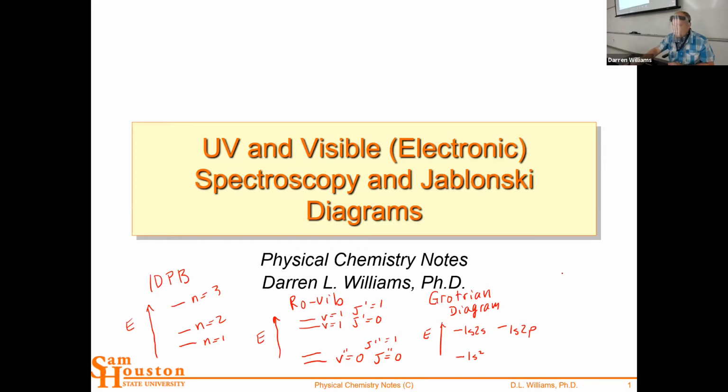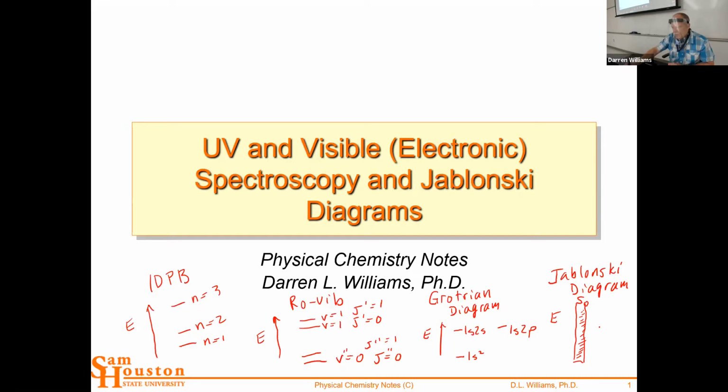And then finally today we have the Jablonski diagram. In this case, we have a long box with lines in it, and that's called S0.